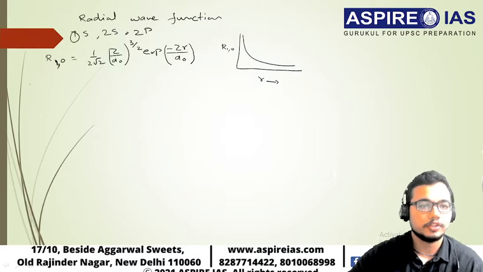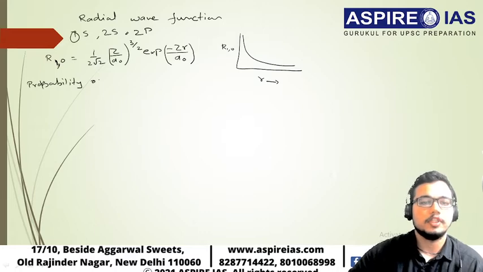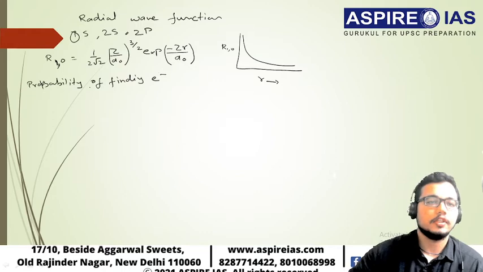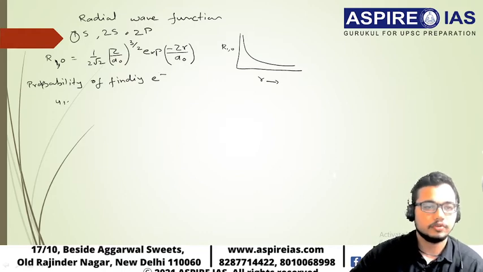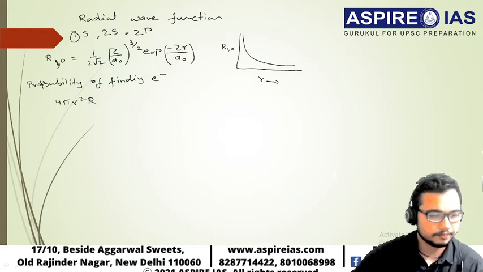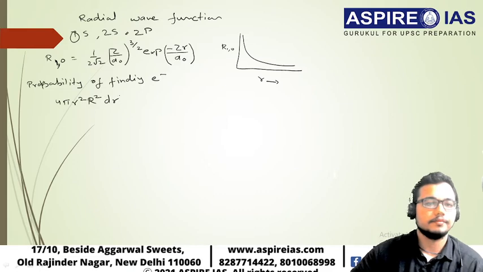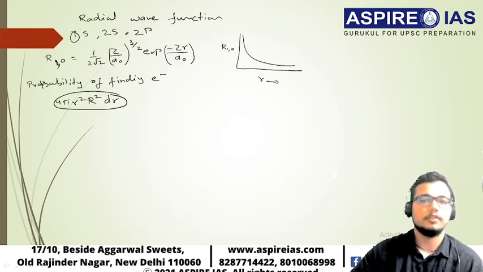What is important for us is the probability of finding the electron. How do we get the probability? Probability is 4 pi r square into R square dr. From here we get the probability.